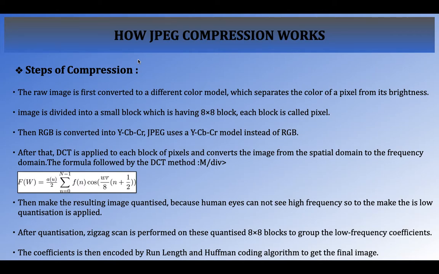Because human eyes cannot see high frequency, quantization is applied, which we also discussed in the previous slide. After quantization, a zigzag scan is performed on the quantized 8 by 8 blocks to group the low frequency coefficients. The coefficients are then encoded by run length and Huffman coding algorithm to get the final image. So these are the steps of compression which we discussed in this slide.